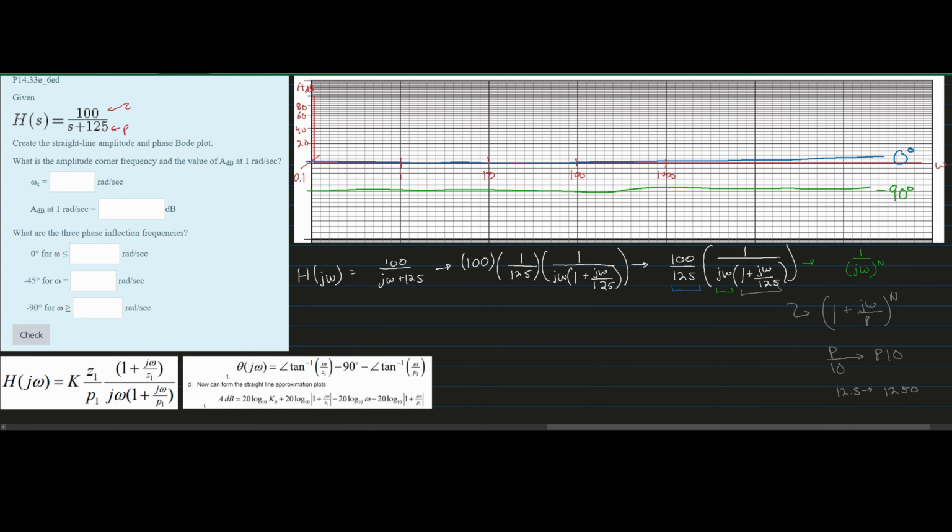And now we can draw this. So it starts at 12.5, and we'll just say that 12.5 is approximately right here. And this is going to 1,250, so we can approximate it to right here, 1250, and this is what we're going to look at.